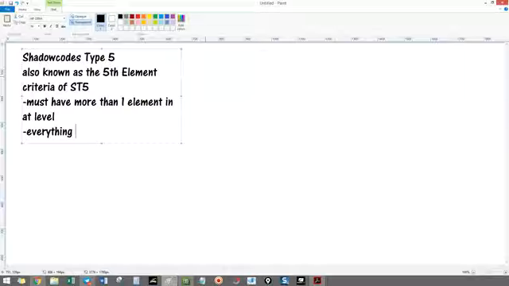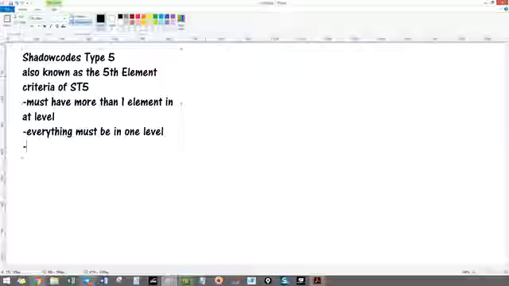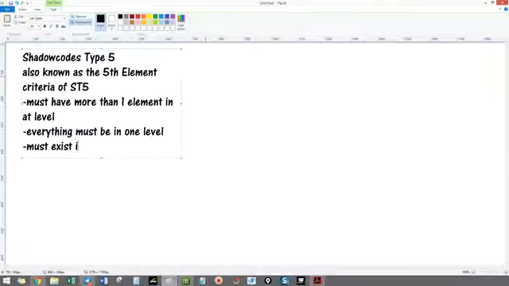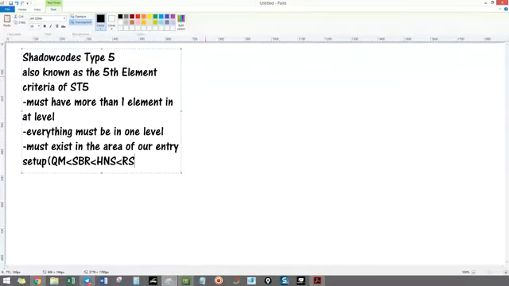Everything must be in one level. It must exist in the area of our entries, such as QM, SPR, HNS, SO, HNS, SPR, RBS.